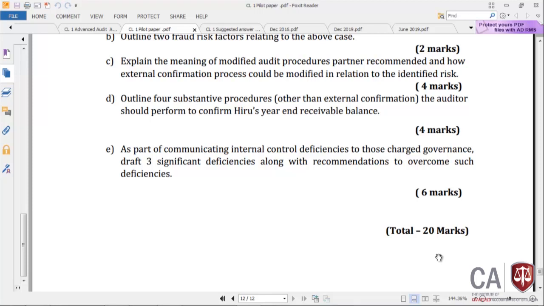Sometimes, in your KB4 and KC4 papers, I can see that when 6 marks are given, in most cases students are able to get only 3 marks or 2.5 marks. The reason is the lack of writing practice.